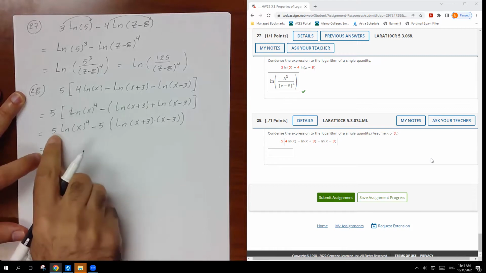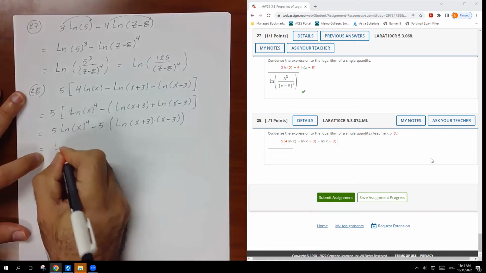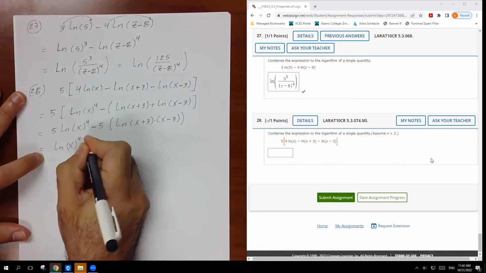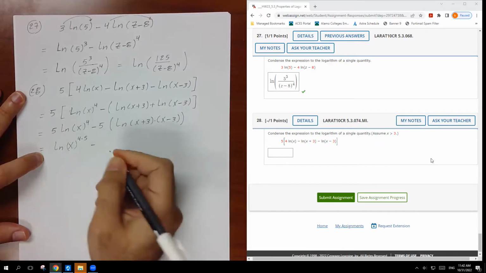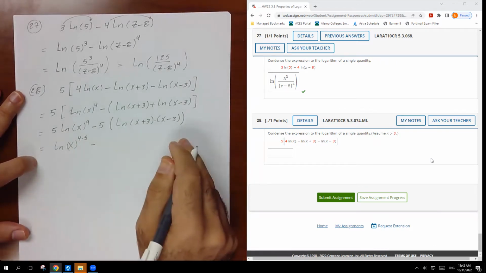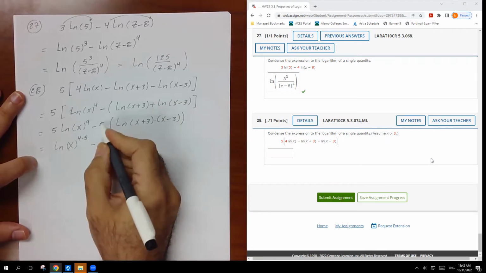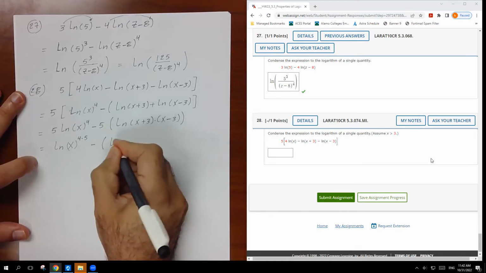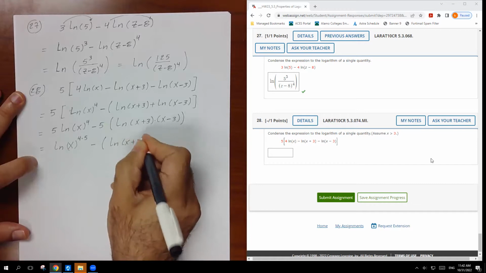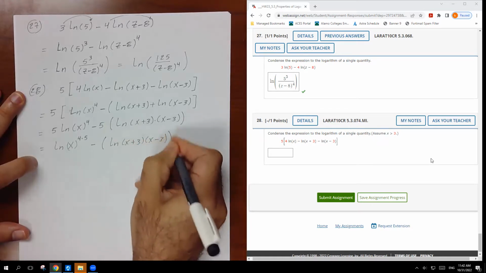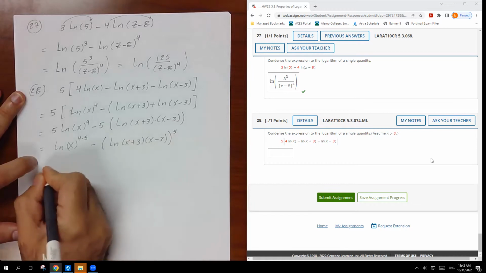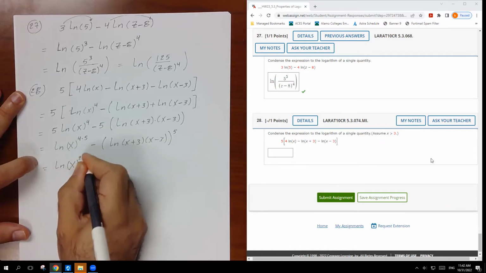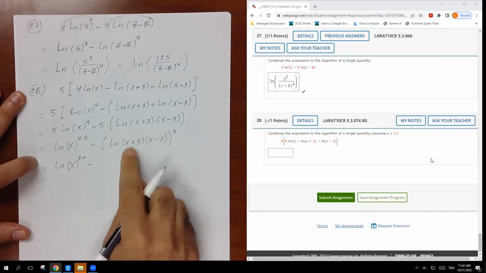Then here, this is another exponent. So it's going to be ln of x to the 4 times 5 minus, put down the 5 here. So it's going to be ln of x plus 3, x minus 3 to the power 5. Here is going to be ln of x to the power 20 minus, there is multiplication between these two.